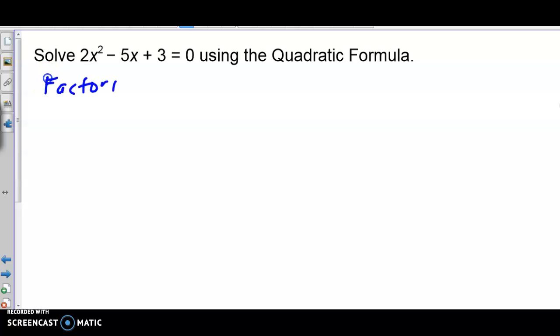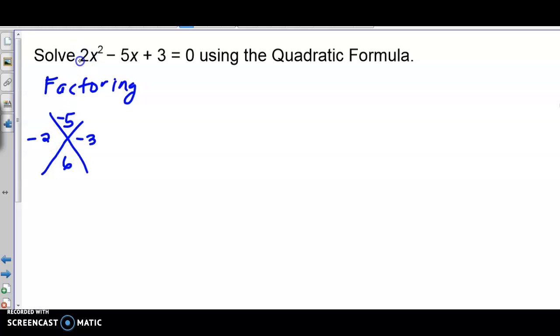Well, let's see. If we do factor this equation by using the x method, -5 goes on top, 6 goes at the bottom. So the two numbers that multiply to 6 are -2 and -3. I had to make them negative so they would add up to -5.